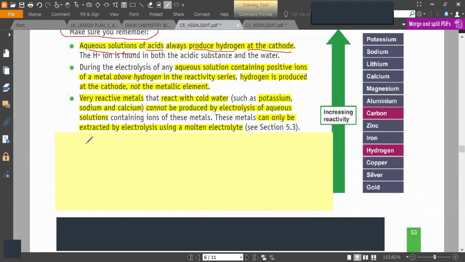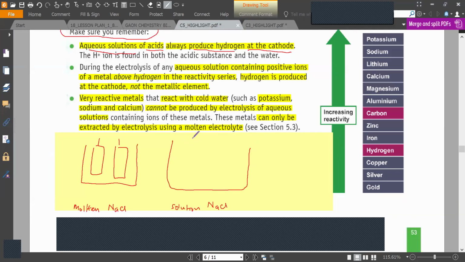Let us compare. Let's say we have molten sodium chloride, and then we have a solution of sodium chloride. What's the difference there? These are our electrodes.